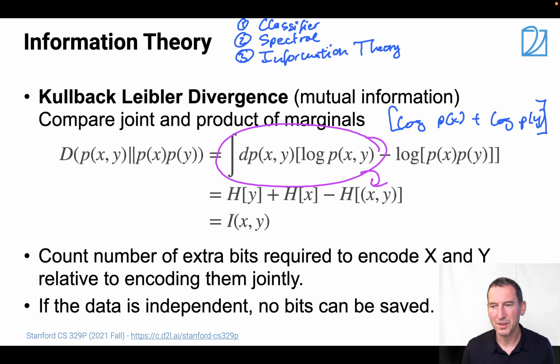And so what that means is basically how many extra bits or amounts of information I need to spend if I were to encode the x and y pairs independently rather than encoding them jointly. And you can clearly see that if the data is independent, no bits can be saved.